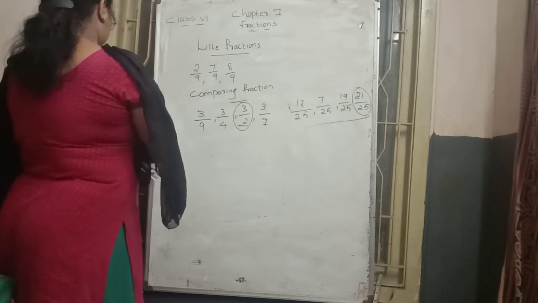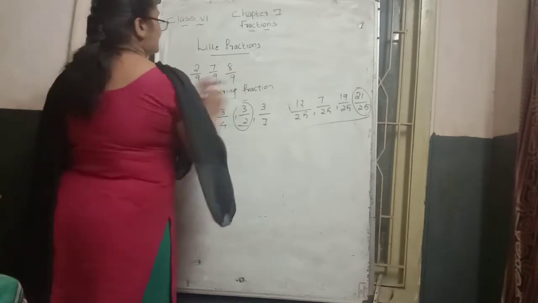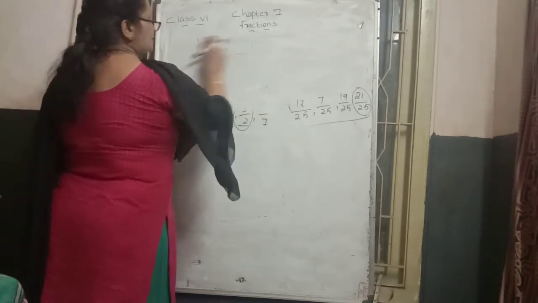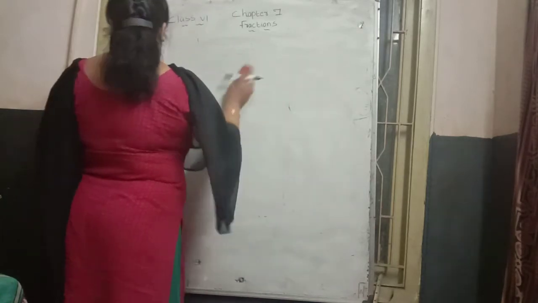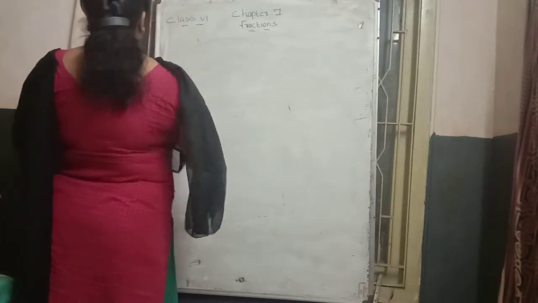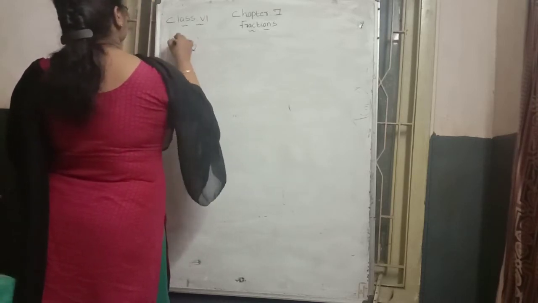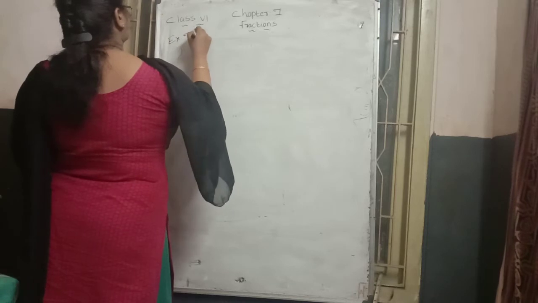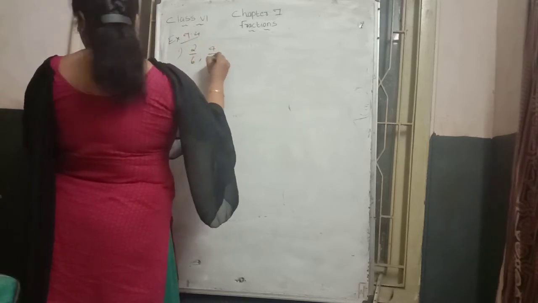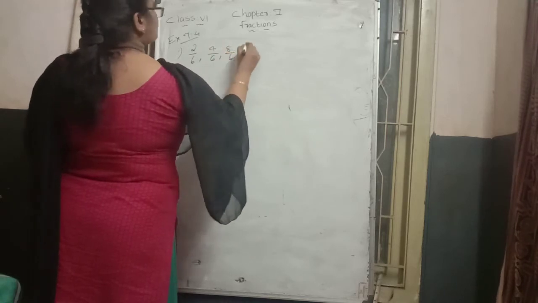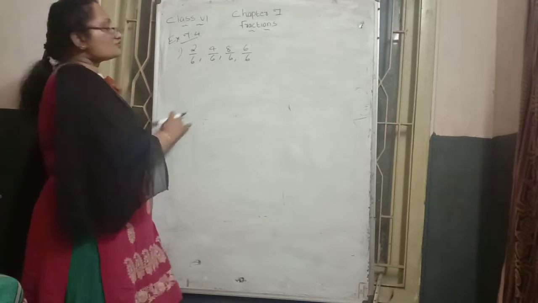Here the questions ask things like identify the greatest fraction, or put a greater than, less than or equal sign. One question says, represent the following on a number line: 2 by 6, 4 by 6, 8 by 6, 6 by 6. How do we represent them?